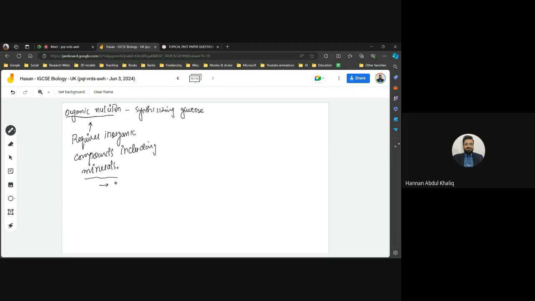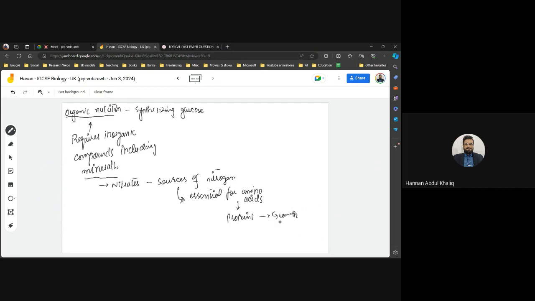Two minerals are basically the focus here. One are called nitrates. Nitrates are basically the sources of nitrogen. And you know that the nitrogen is specifically essential for what? For amino acids. And amino acids are essential for proteins, and proteins are essential for growth.